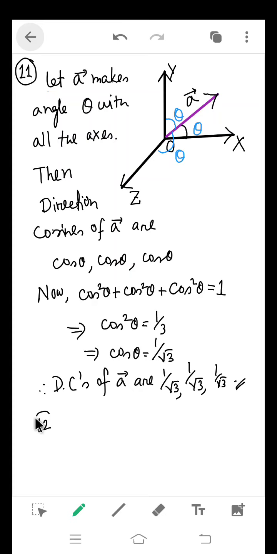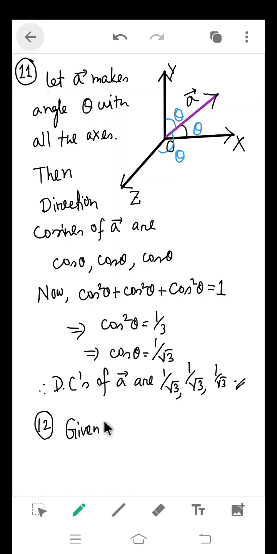Okay, the next question is question number 12. तो question number 12 is an important question. यहाँ में हमको 3 vectors दिया है. Given that, but some conditions are given.